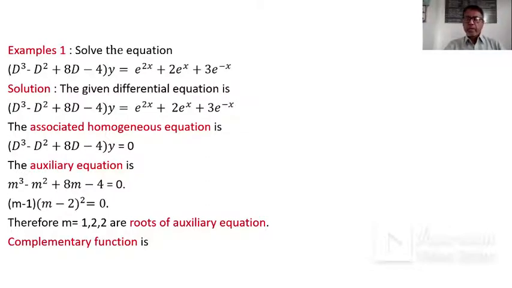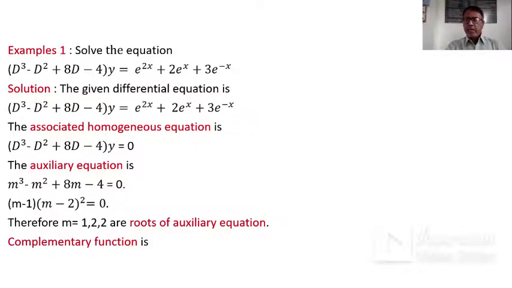According to that, we write the general solution of this associated homogeneous differential equation, and we call this general solution the complementary function of this non-homogeneous differential equation, and we denote it by yc.